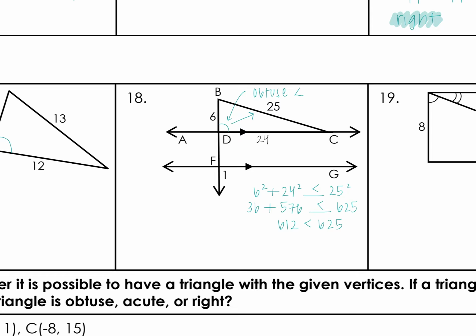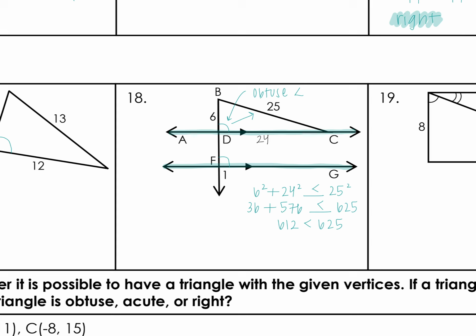Okay, and so what's very helpful in this problem here is going to be the fact that they do give us these parallel lines. Okay, and so remember, parallel lines here, we can then determine that maybe this angle here is congruent.